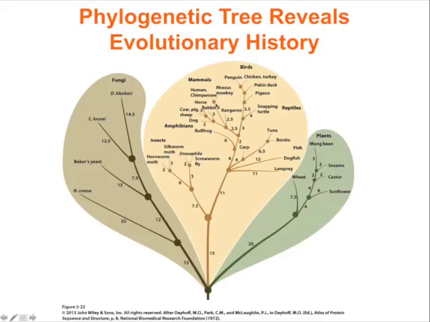Now this common ancestor has 6% difference from other mammals on this branch, other mammals in this chain. So cytochrome C is relatively similar amongst all mammals. The common ancestor between us and rhesus monkeys has only 6 amino acids that are different between these other mammals here.